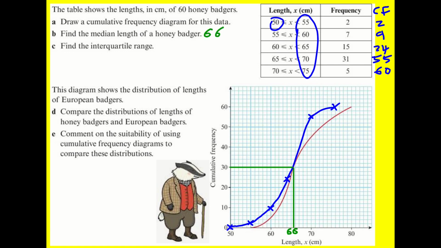Find the interquartile range. Remember, that's the upper quartile minus the lower quartile. So 60 divided by 4 is 15 again. We're going to get 15 and 45.